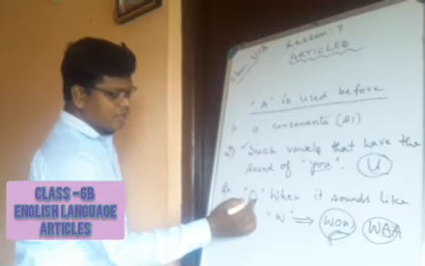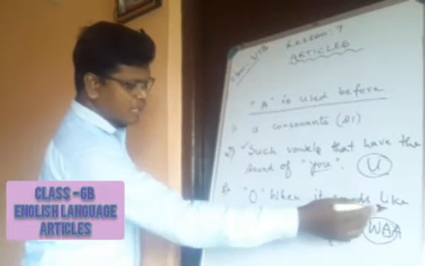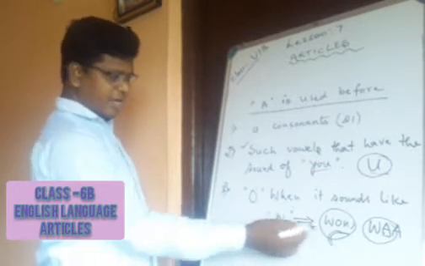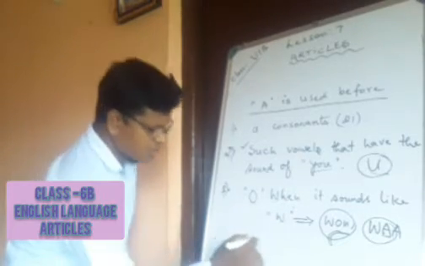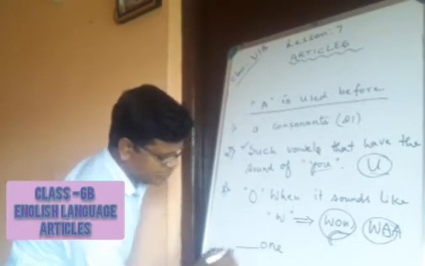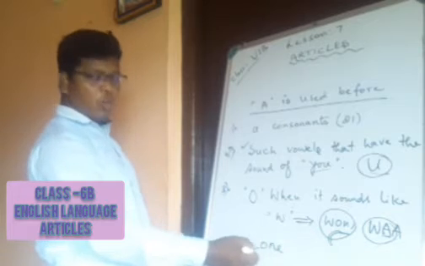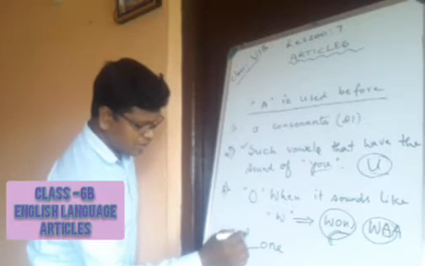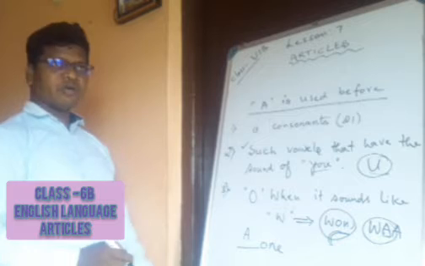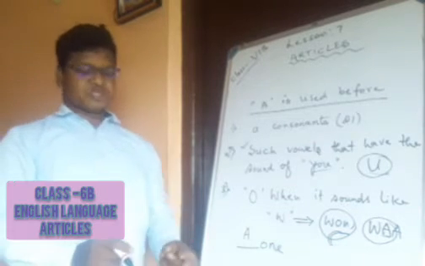So what did I say? When it sounds like war, we write A before it, just like one. So we write A before it. A one rupee note, a one rupee coin.